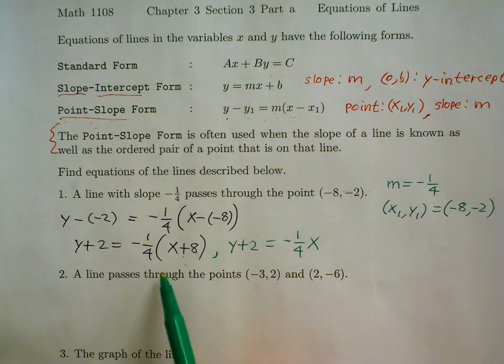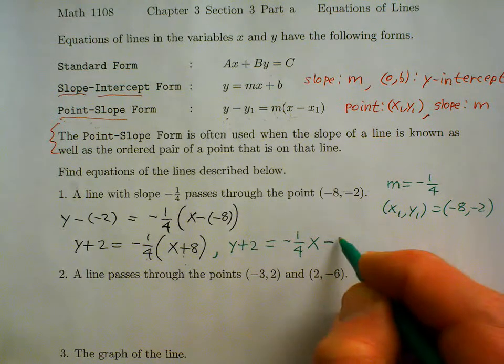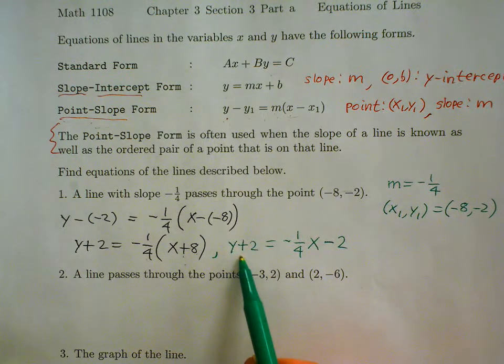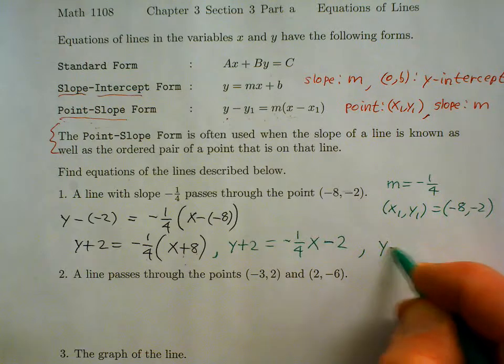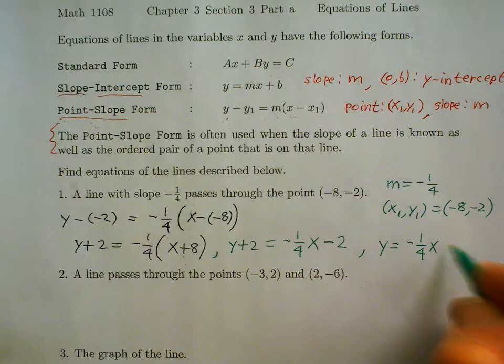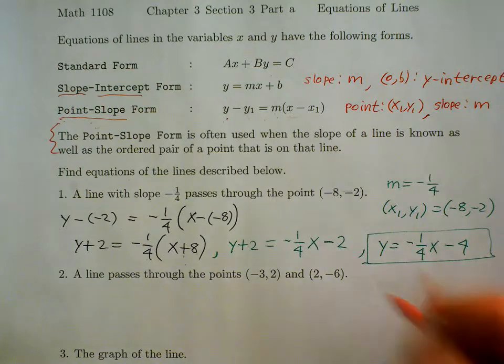That's equivalent to adding -2, which is equivalent to subtracting 2. And then the last step, subtract 2 from both sides, and we get y equals -1/4 x minus 4. So this is the slope-intercept form.